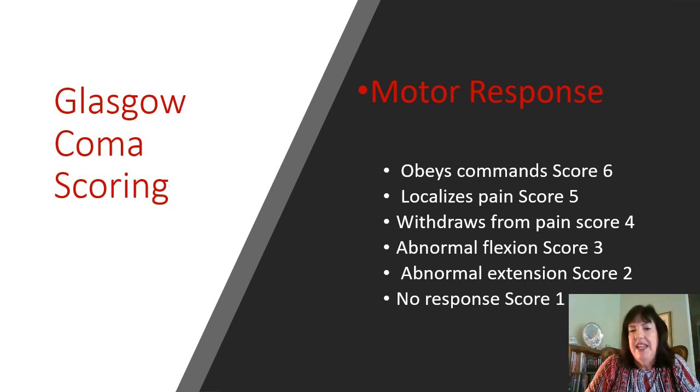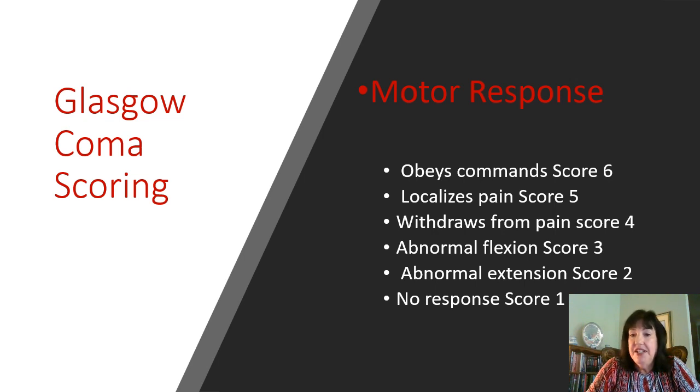And we would say in that case they're localizing pain. All right, and we give them a score of 5. Now, someone that actually withdraws from pain, in other words, pulls away from you when you hurt them. So again, maybe you're pressing on the nail bed and they pull away. That's their response. Withdrawing from the pain, then that gives them a score of 4.